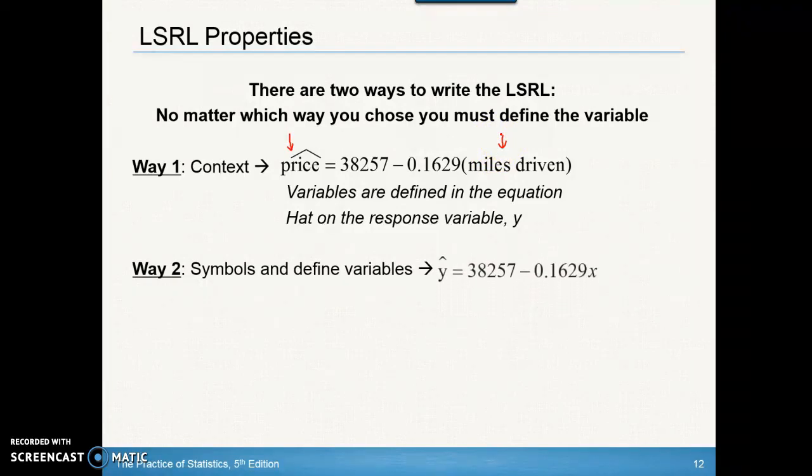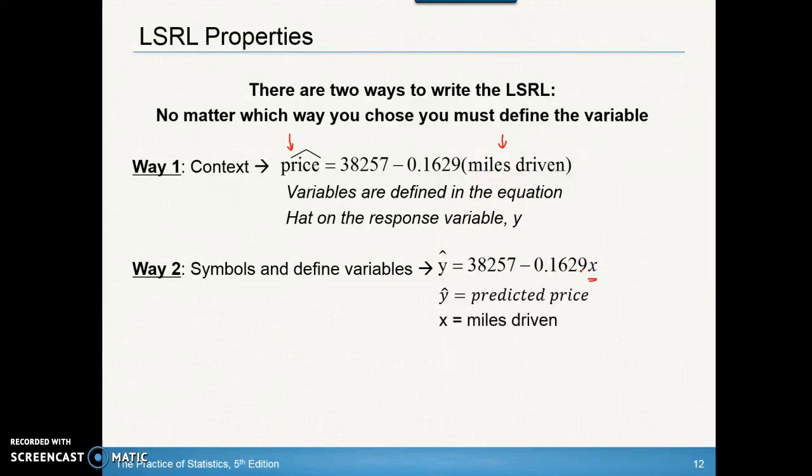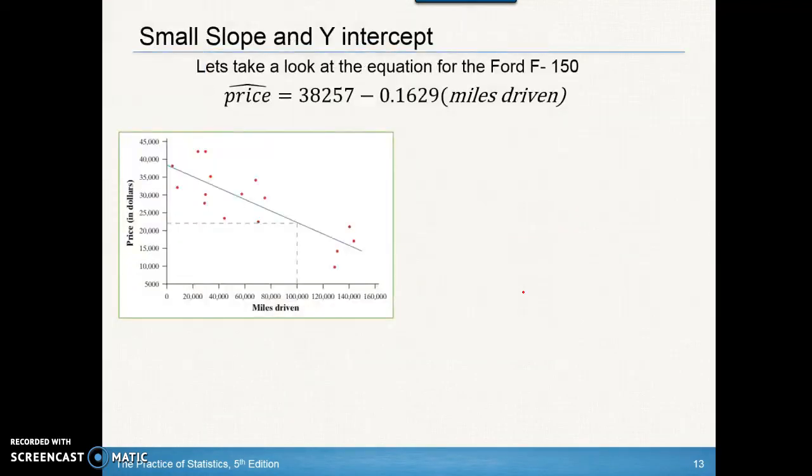The other way to do it is just to write y hat equals your equation, put your x in there, but then you have to define x and y down here. Notice when you define y hat, it is the predicted price, not just the price, and x is your miles driven. Whatever you decide is totally fine. Just pick one and make sure your variables are defined and you're using the word predicted.